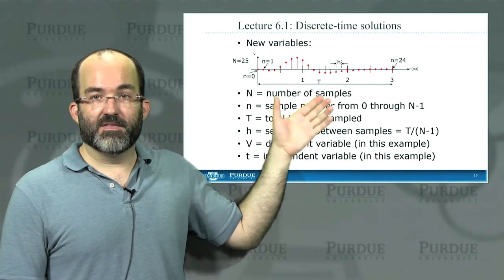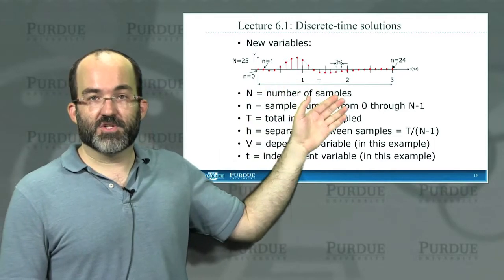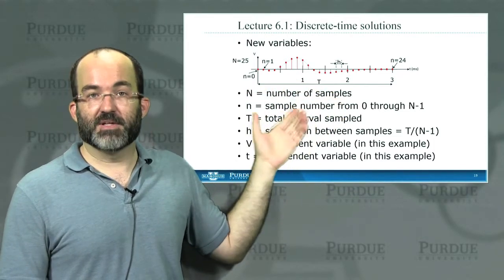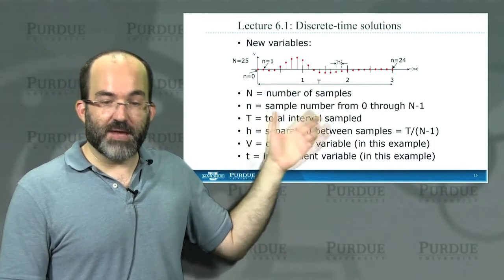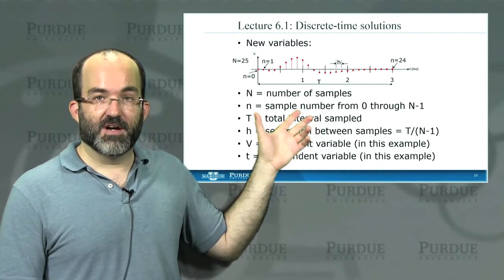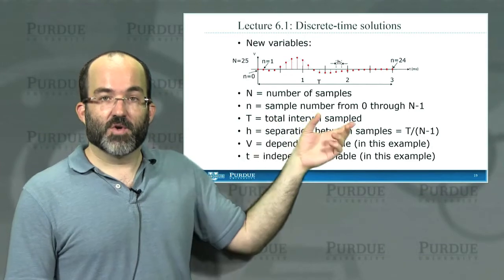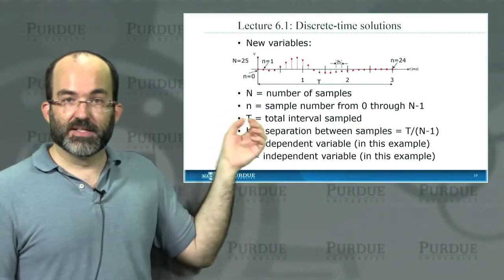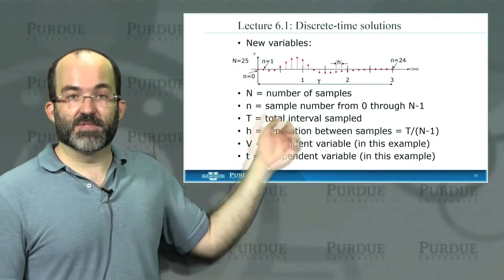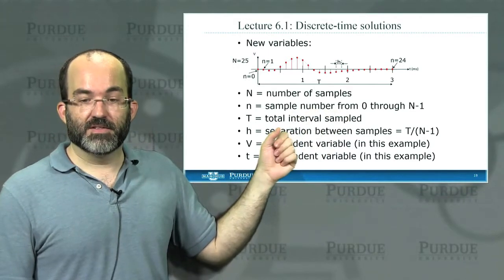The number of steps that we wish to solve over, we're going to call capital N. So if we want to have capital N samples of the continuous time solution as our discrete time solution, we're going to number each of those samples little n, where little n goes from 0 to capital N minus 1.